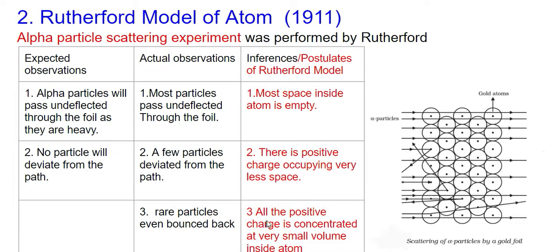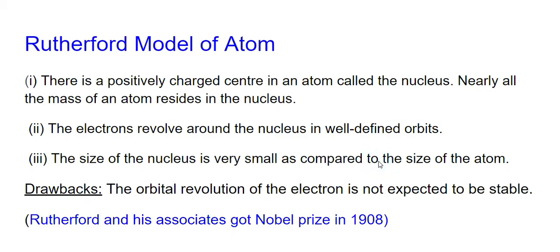So that means all the positive charge of the atom is concentrated at a very small volume inside the atom, from where the alpha particles are reflecting back. If the alpha particles are striking at the space where the positive charge is there, it is getting repelled and bouncing back. Now these results gave Rutherford an idea that atom could be of different type.